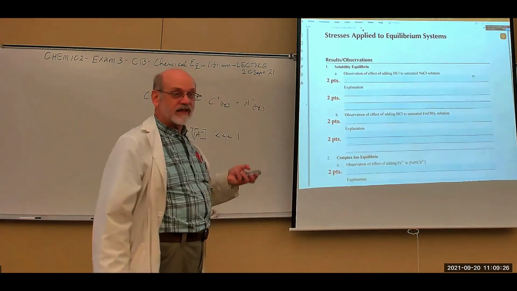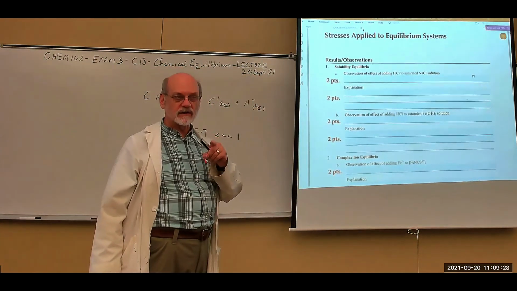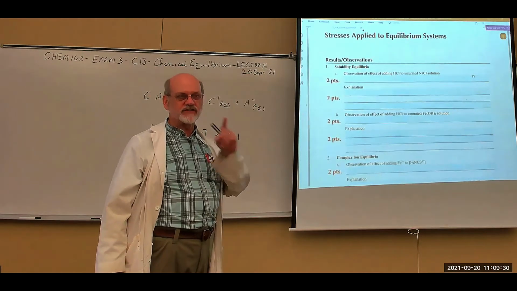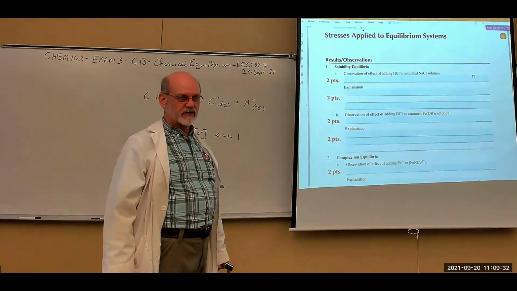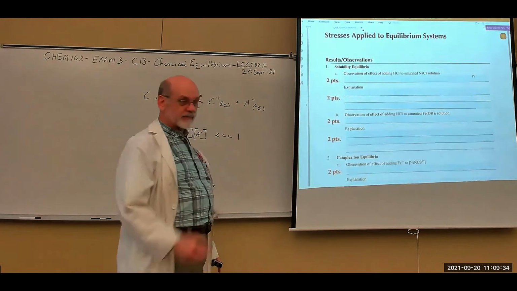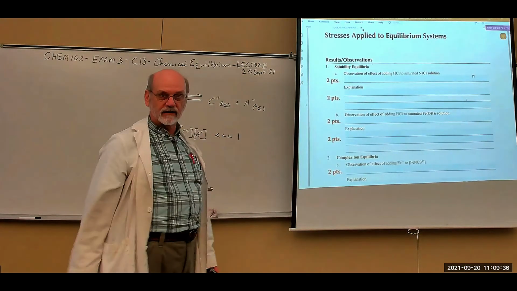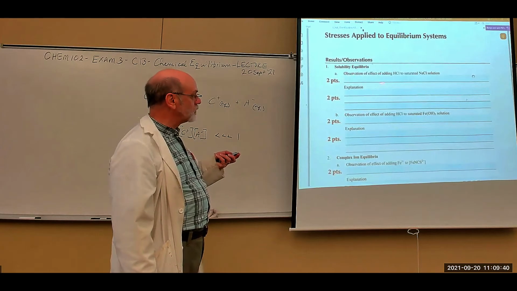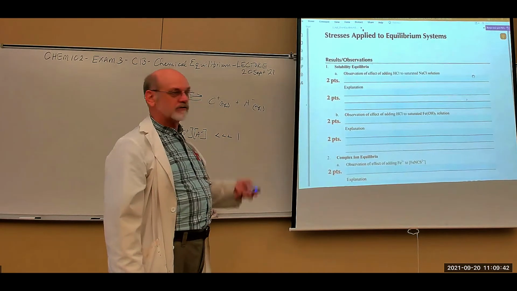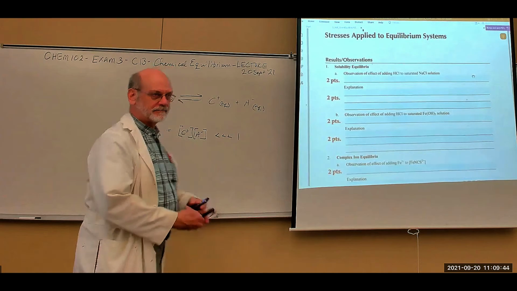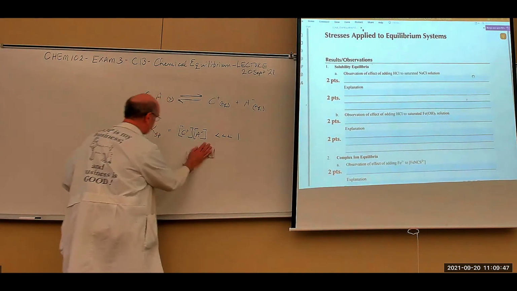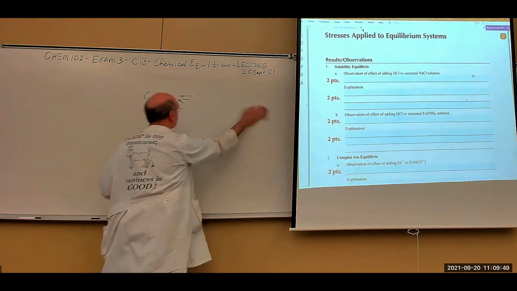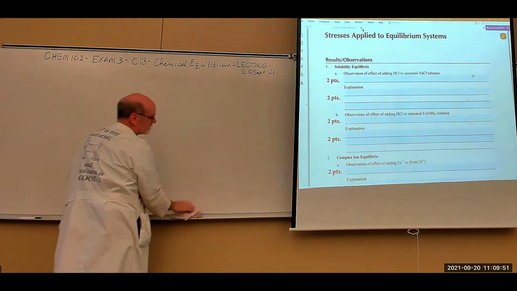Now, the explanation is that equilibrium equation. And which way was it shifted? That's the explanation. The observation is simply, what did you see? The observation should not include an explanation. Just what happened? Okay, that's the same for every one of these.